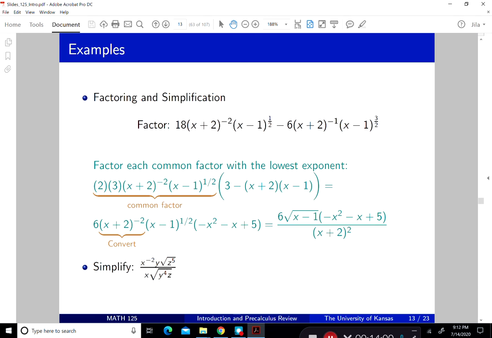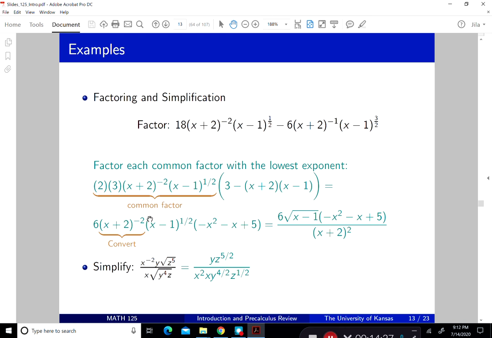Then in the bottom, you can separate the two different bases: that's y to the power 4 times z, to the power 1/2 overall, so you get y to the power 4 to the power 1/2 and z to the power 1/2. That's the first step that you want to take.